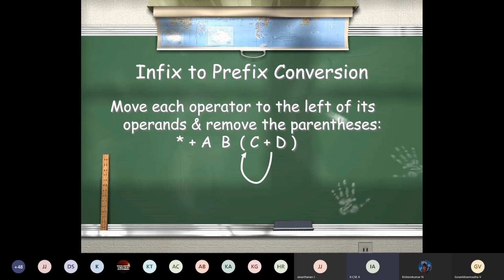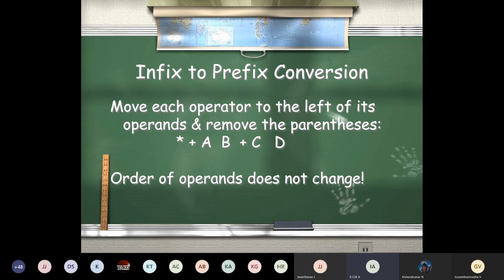This c plus d is a parenthesis. When you take that plus, it will go here. So it means that immediately after the operator plus, you must have those operands. I am going to add a and b, so you must have plus ab as a sequence. And I am going to solve c plus d, so plus cd should be a sequence.